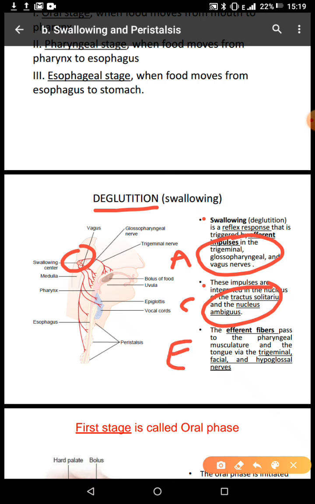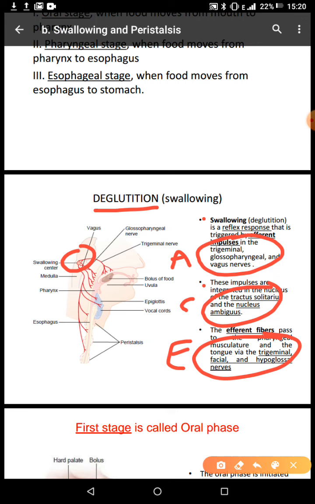The efferent fibers pass through to the pharyngeal musculature and the tongue via the trigeminal, the facial, and hypoglossal. Okay, trigeminal, facial, and hypoglossal. These are the ones that bring back the information to the muscles.